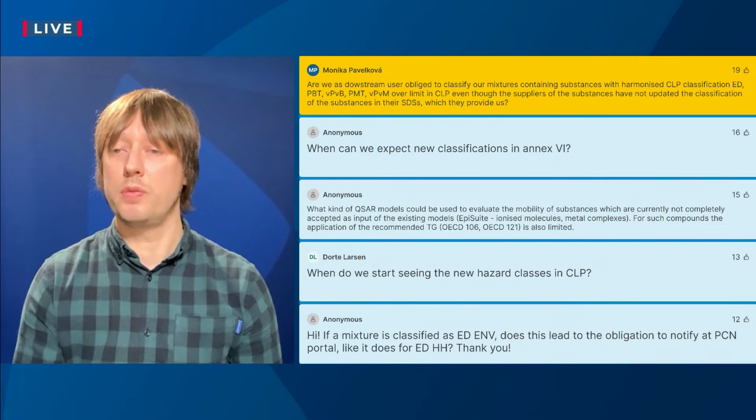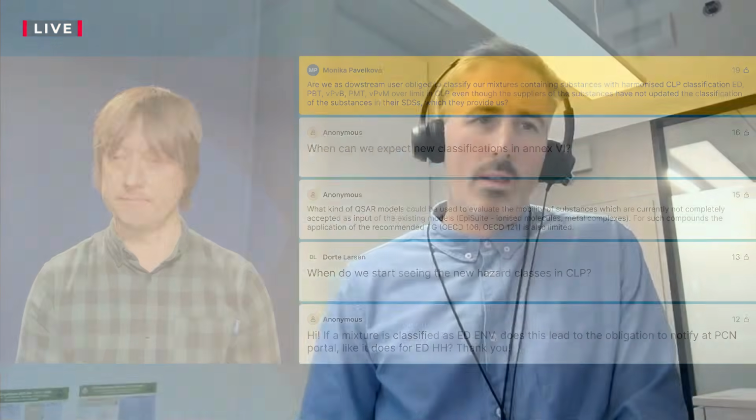And I will offer this one to Paul. Yeah, the easy answer is yes. I mean, the rules apply to everybody. So I would encourage the downstream users to work with their suppliers to make sure this is done, and pay attention to the work also and the guidance. Great, thank you very much.